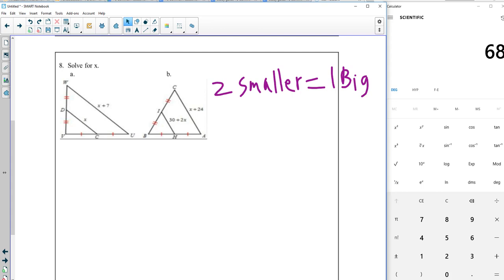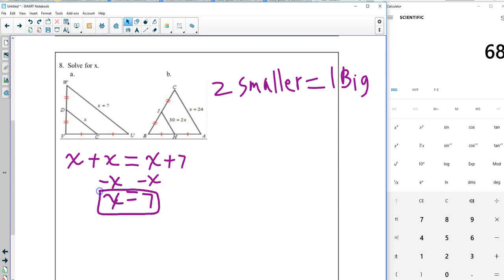All right, so we need 2 x's. So x plus x, because that's the small one, has to equal the big one, x plus 7. So when I do our math, I subtract x from both sides, and we're left with x equals 7. That's for A.